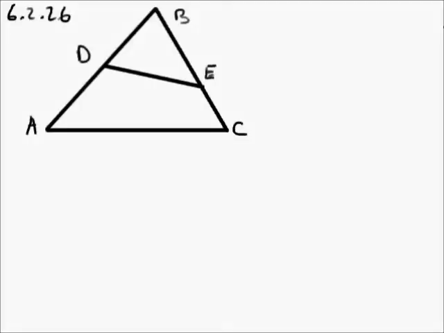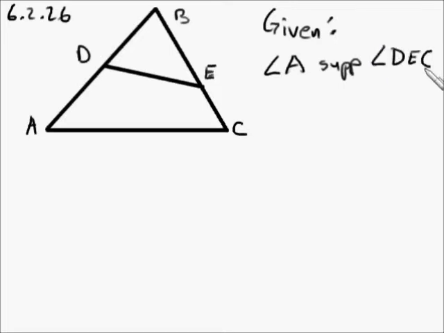In this problem, we are given that angle A is supplementary, I'm just going to abbreviate that, to angle DEC. Let's highlight those two angles here. Angle A and angle DEC sum up to 180 degrees.